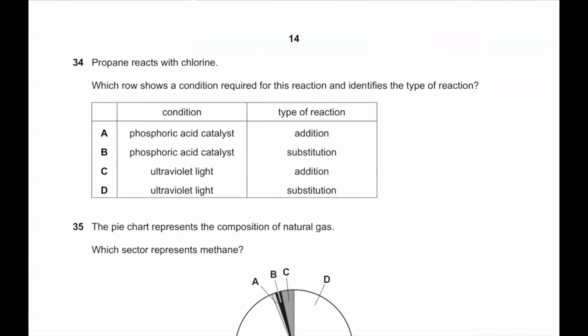Question number 34, propane reacts with chlorine. All right, so let's see the reaction of propane. This is propane, which reacts with chlorine. Now, an alkane reacting with a halogen like chlorine will definitely require UV light.